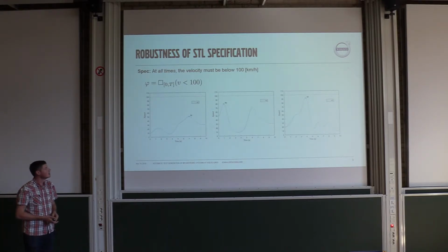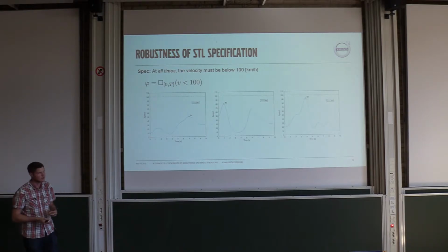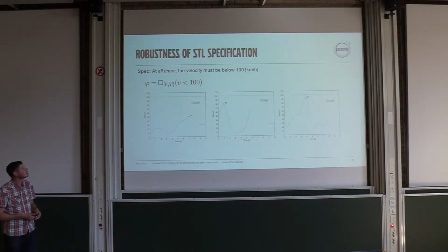The idea is that given a specification, we can not only check whether it is fulfilled or not by the system or by our simulation that we are testing, we can say how far we are from fulfilling it, or if we have fulfilled it, how robustly it is fulfilled. That's why the word robust comes in.